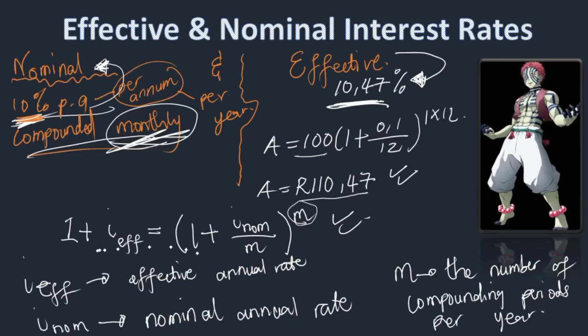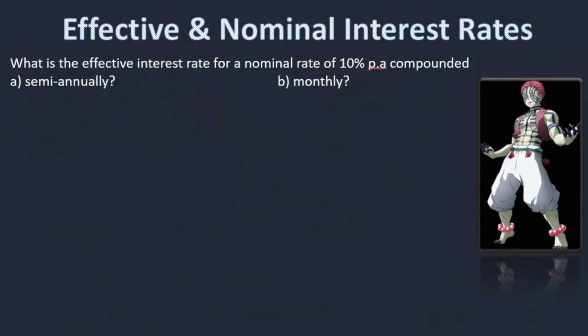Now let's pick up an example. The question says, what is the effective rate for a nominal interest rate of 10% per annum compounded semi-annually? If I'm investing money at this rate, how much am I actually going to get by the end of the year?